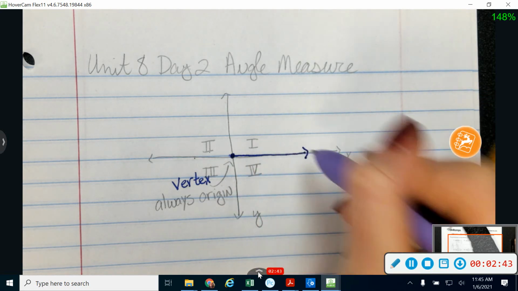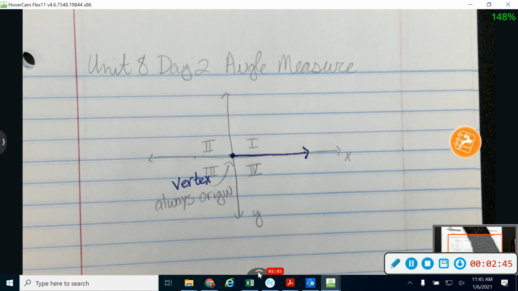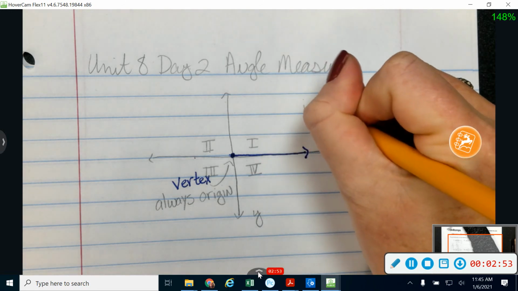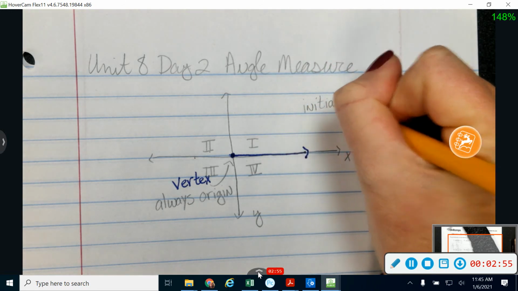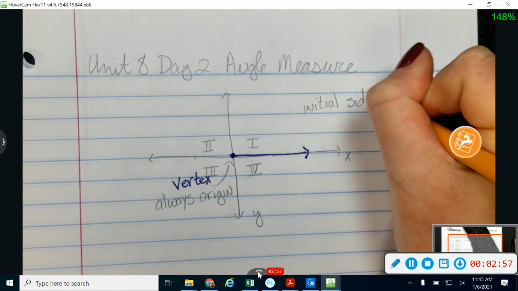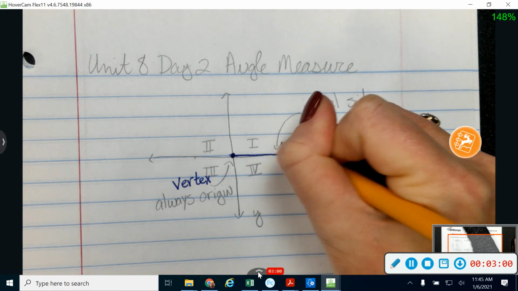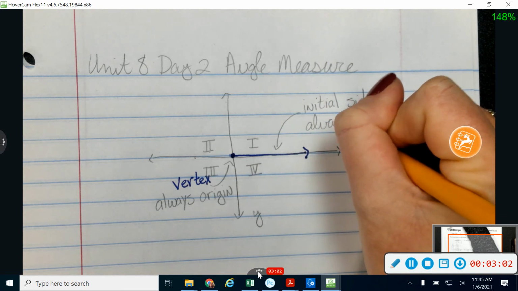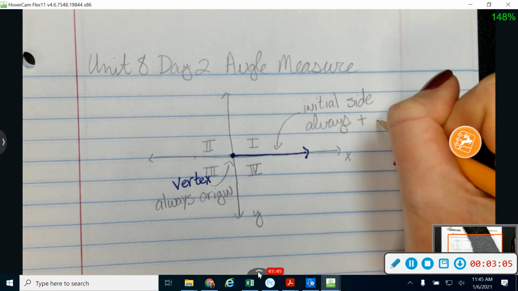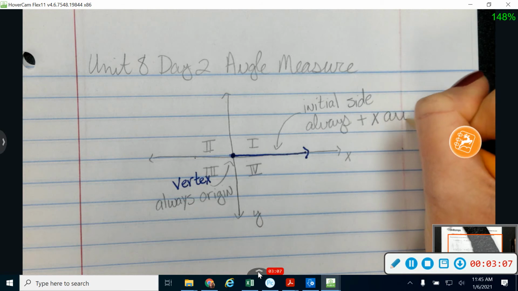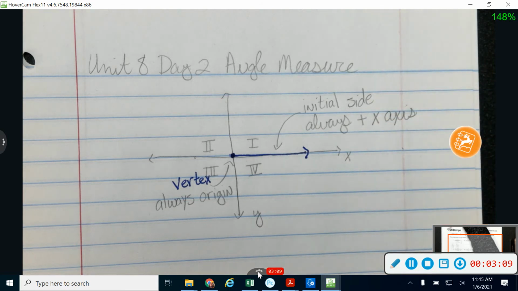The initial side for an angle on a coordinate plane is always on the positive x-axis.